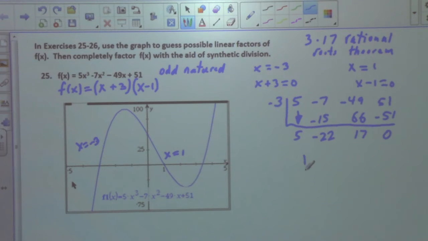Okay, so next thing, we continue, right? So we have 5x squared minus 22x plus 17. And what goes out here? 1. So we bring this down, we get 5.